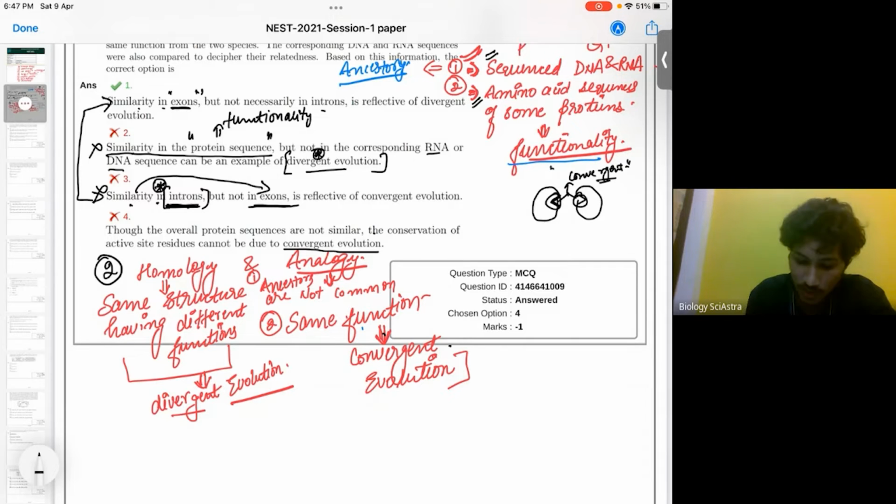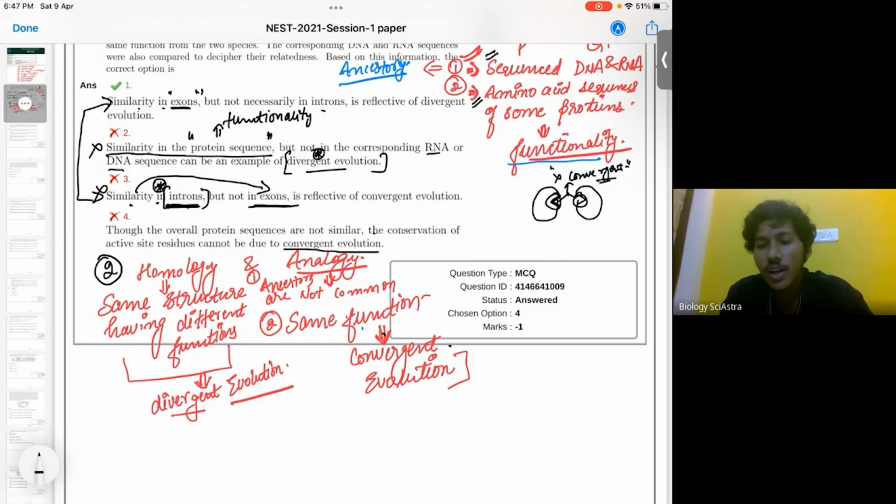This statement says that it is not showing convergent evolution. But it is not correct because the main functionality of a protein is determined by the active site. So even if the whole amino acid sequence is different and only the active site sequences are the same, both proteins will be performing the same or similar function.